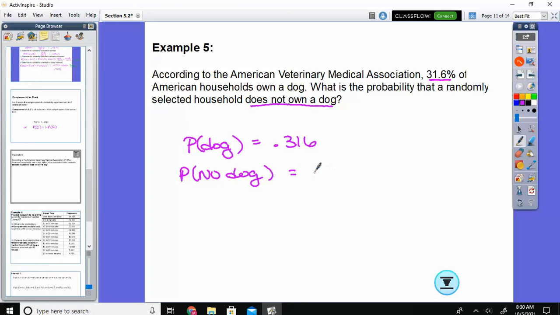You just have to do 1 minus that. And you get your 0.684. If you wanted to give that as a percent, what would you say? Because these are complements. There's no other option. Either you have a dog or you don't have a dog. It's not possible to own half of a dog. You either have one or you don't.